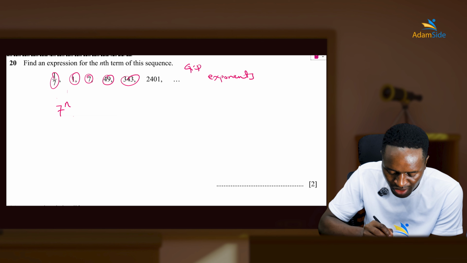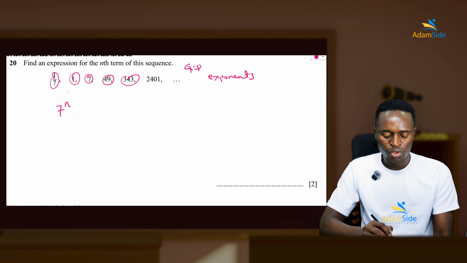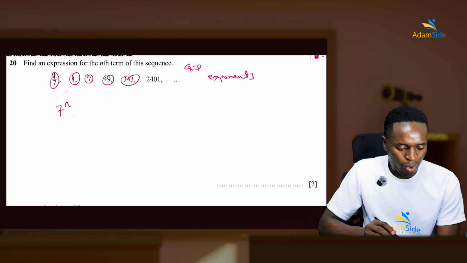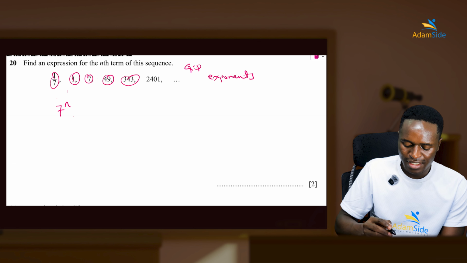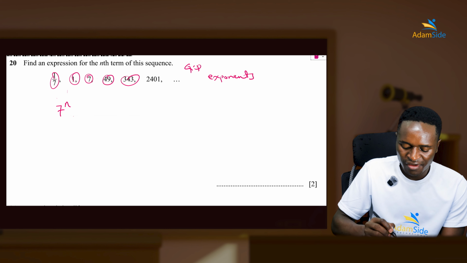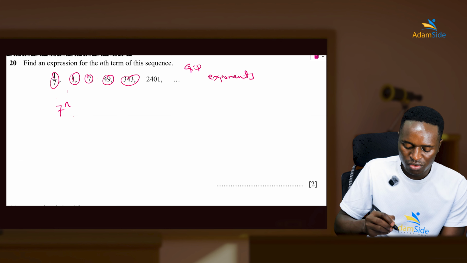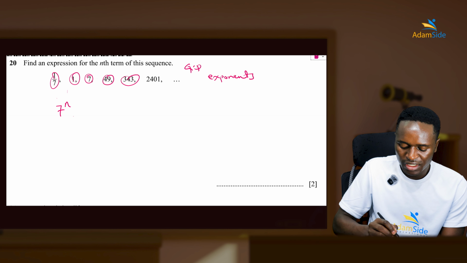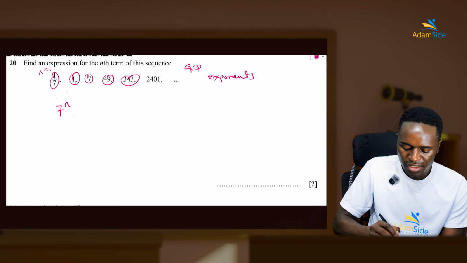For example, if n was 0, you get 1. But what happened for us to be able to get 1 over 7 in the first place? It means there was something less, because the first one should have n equal to 1. If the first one has n equal to 1, why is it 1 over 7?